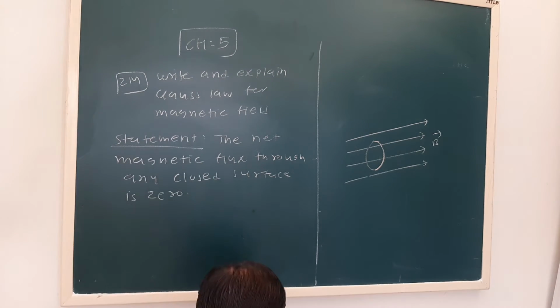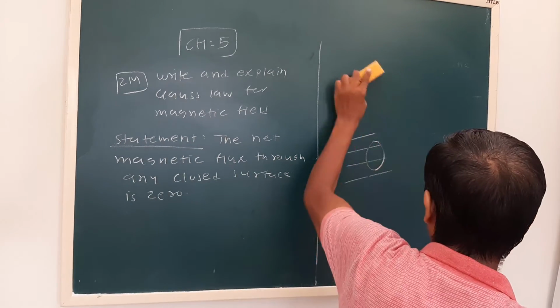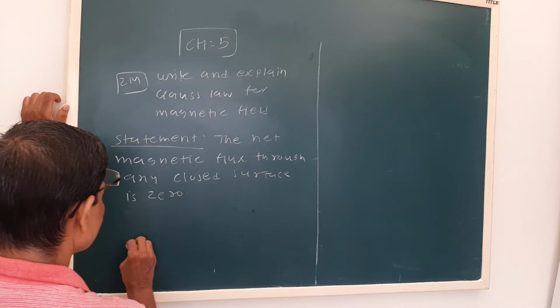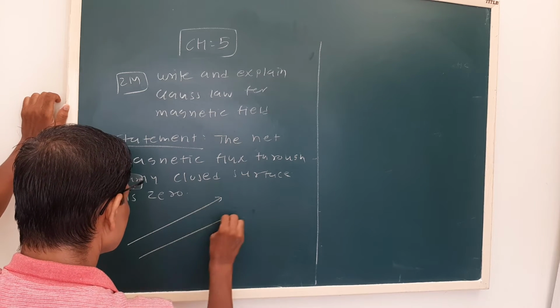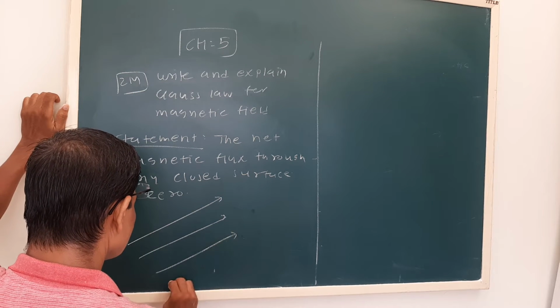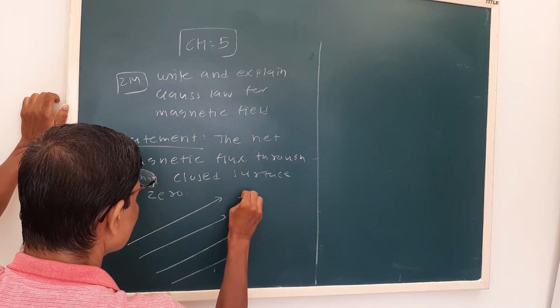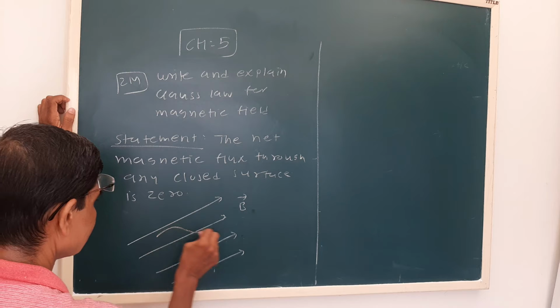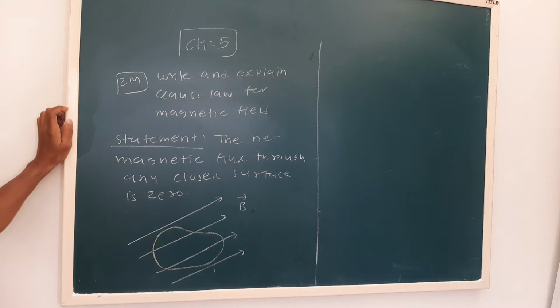Now here we have to write according to the method of the textbook. Now see, this is a uniform magnetic field. Now we consider any surface.